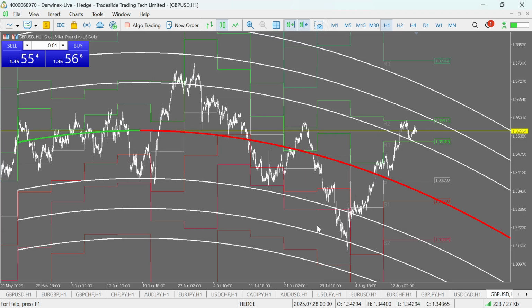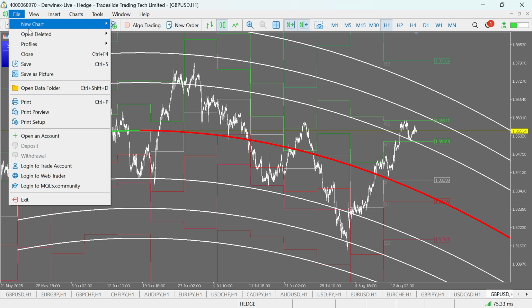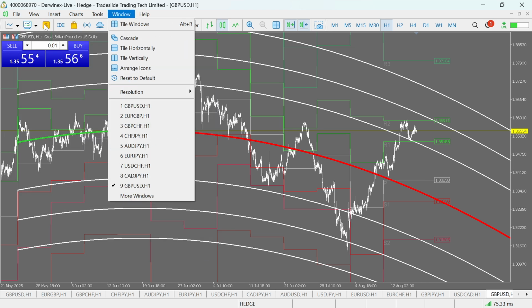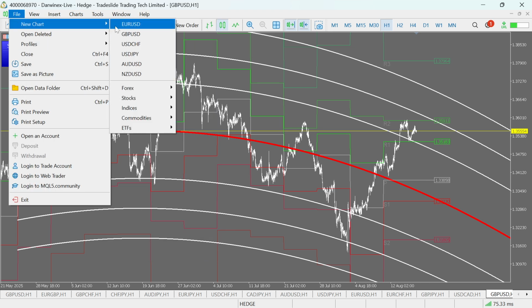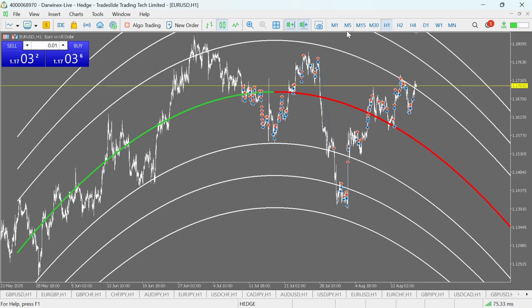Okay. Let's see a concept traders use called correlation. Currencies that are based in dollar, to see if they're moving in the same way. Euro, coming on down, almost identical.